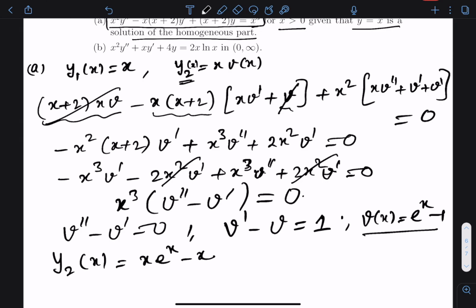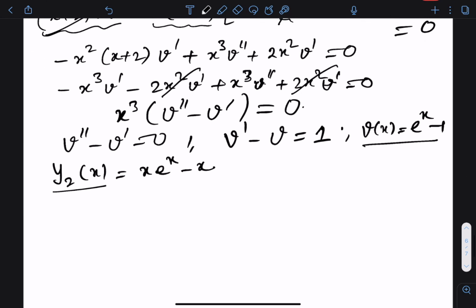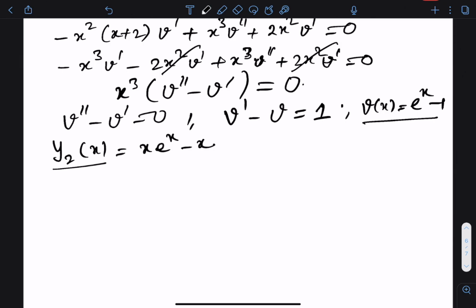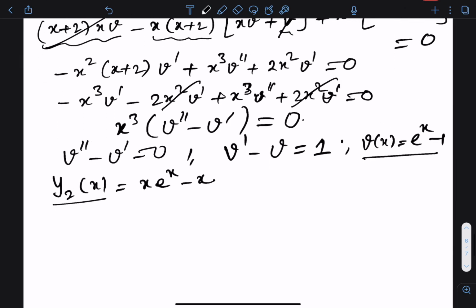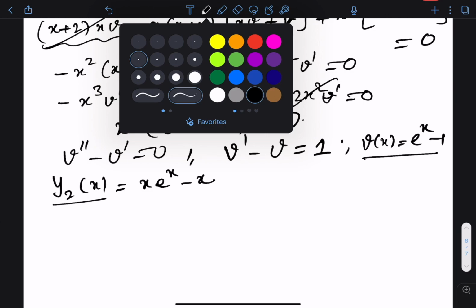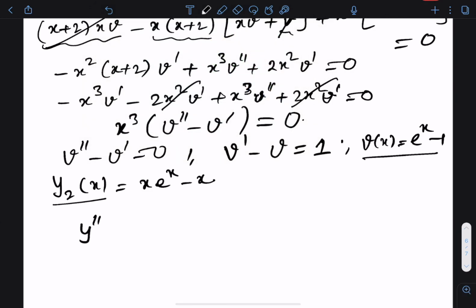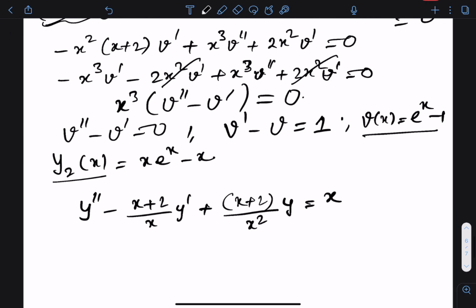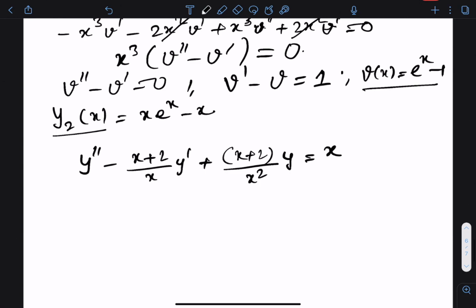Now this is the linearly independent solution of the homogeneous problem. Now we need to look at the inhomogeneous problem. So we rewrite the inhomogeneous problem in the standard form. So y double prime minus x plus 2 over x y prime plus x plus 2 over x square of y, and that's equal to x, right? Now we use the method of variation of parameters.